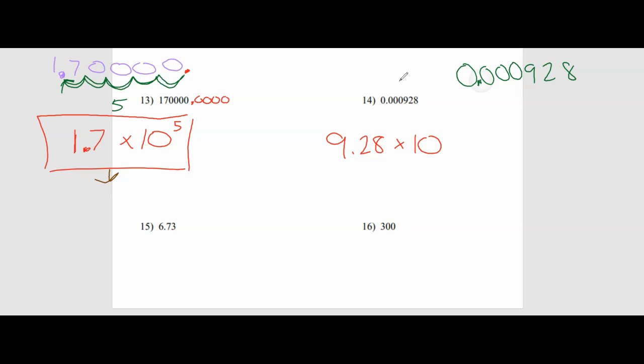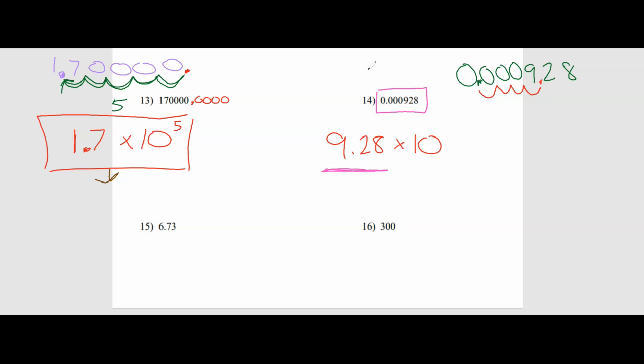So here's our original decimal place. Here's the ending one. How many places did I jump? 1, 2, 3, 4. So it's either going to be 10 to the 4th or 10 to the power of negative 4. Well, our original number is quite small.